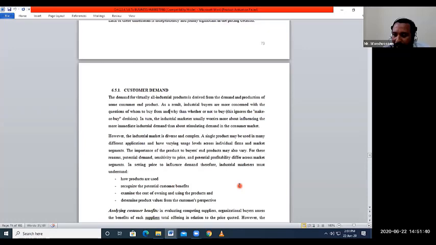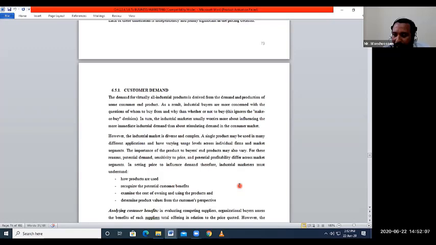We have to consider the benefits. If the potential benefit is higher than our expectation, we can set a higher price since the product has additional potential customer benefits. So in this case, we have to consider the potential benefits of the product for customers when we set a price.